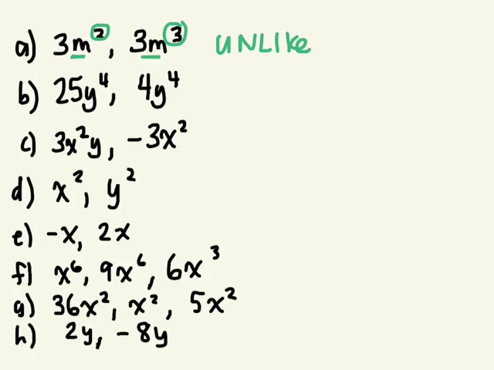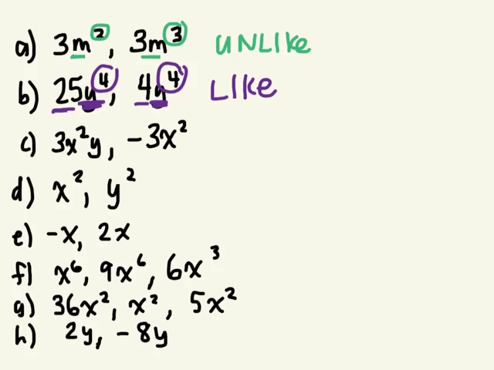Good. What about b? Like or unlike? Good. Like. How do we know? Same variable and the same exponent. The coefficient doesn't matter. It doesn't matter if there's a 25 in front of one of them and a 4 in front of the other one.